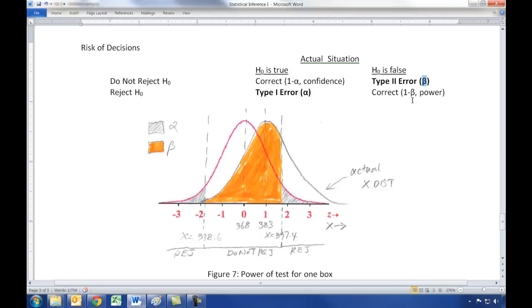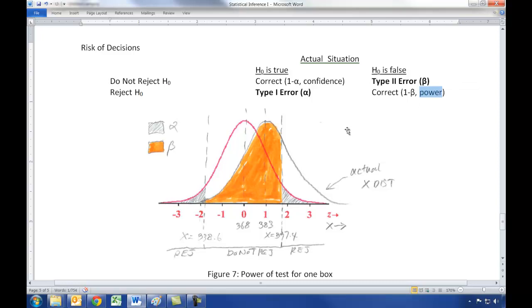Therefore, 1 minus beta, the power, is fairly small. You can probably reason why that is the case, because this graph was constructed for only measuring one box of cereal. So intuitively, we know that if we can measure more boxes, the power should increase.